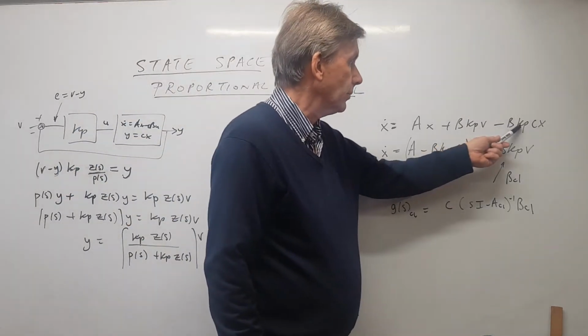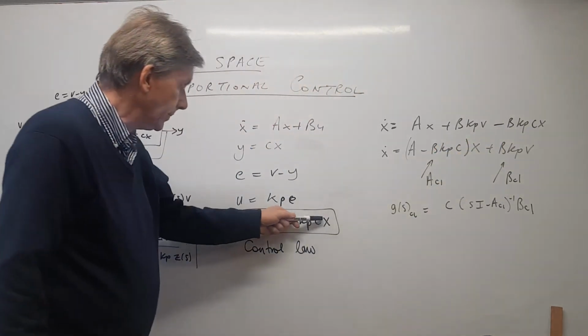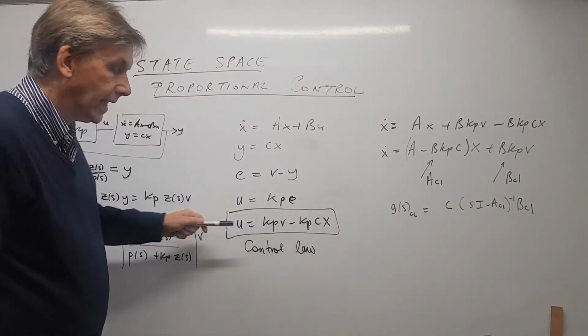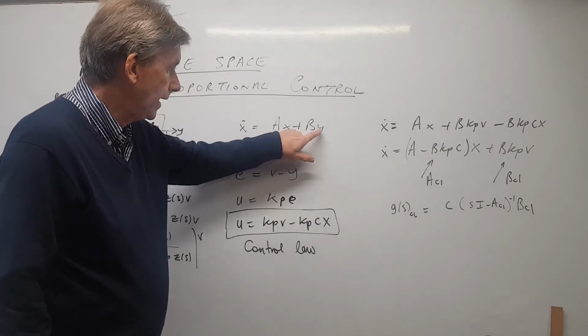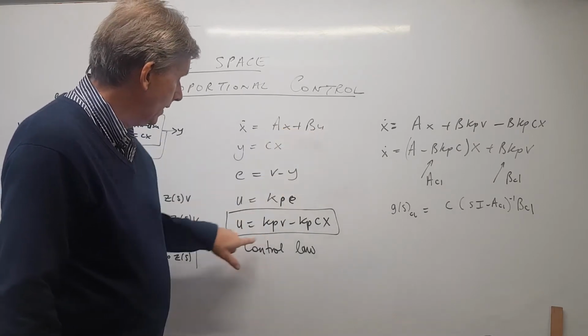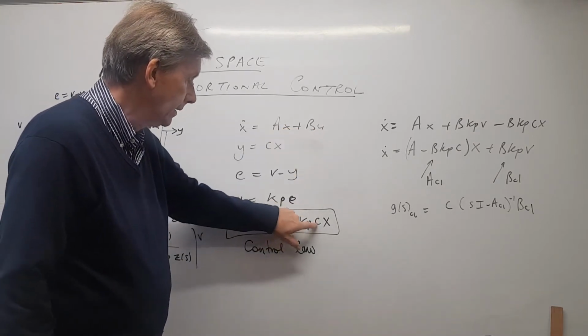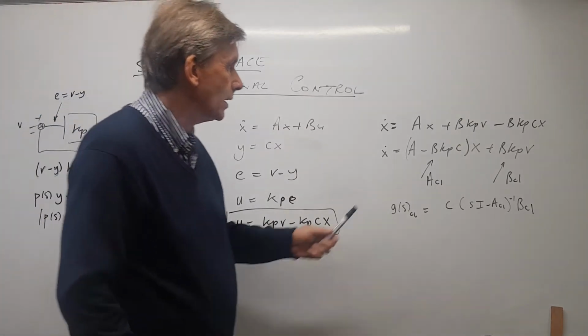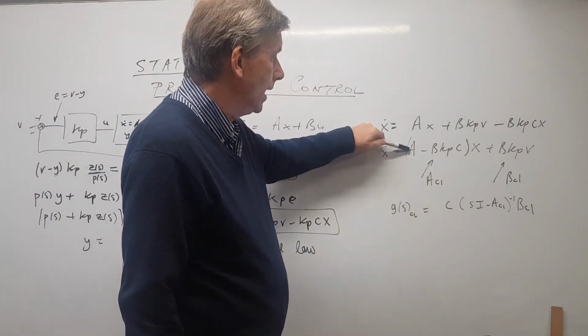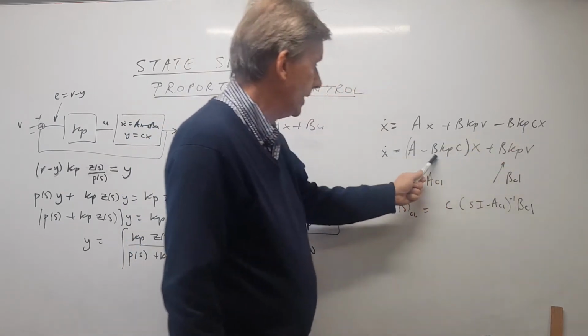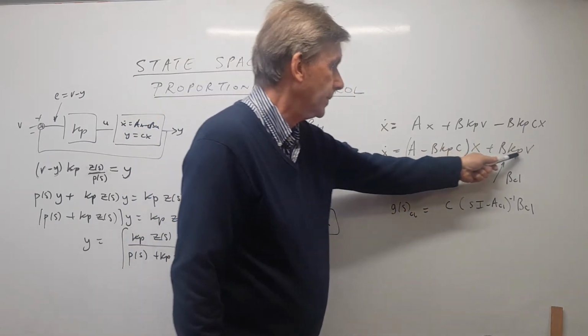So the order in which these appear has to be preserved by the algebra. So B comes first, then the U. So it's BKPCX. So we can rearrange this now into X dot is (A minus BKPC) times X plus BKPV.